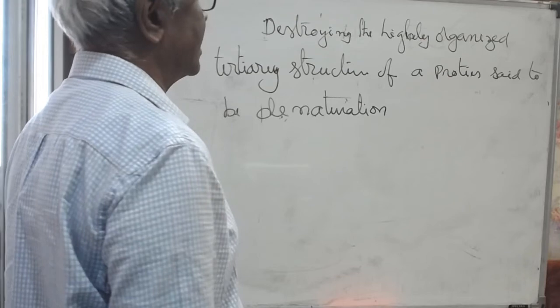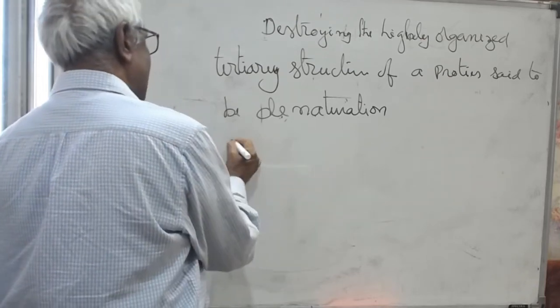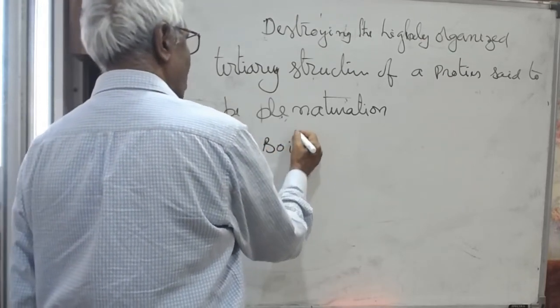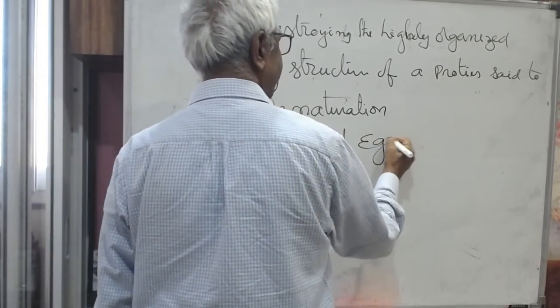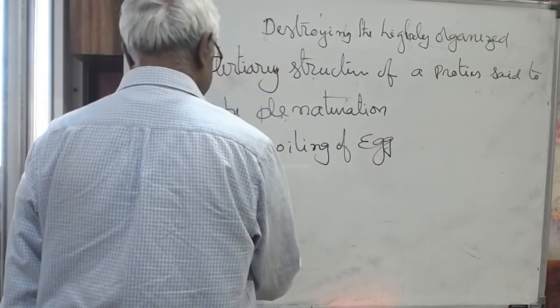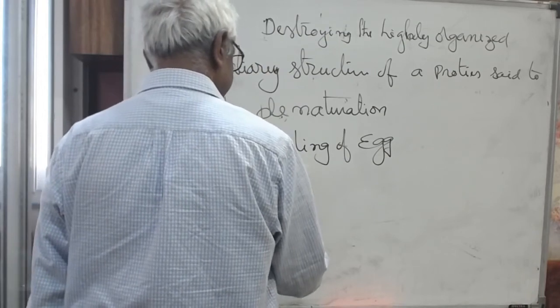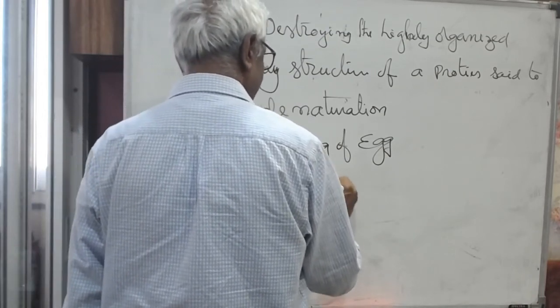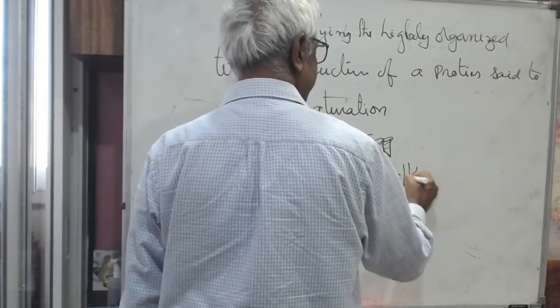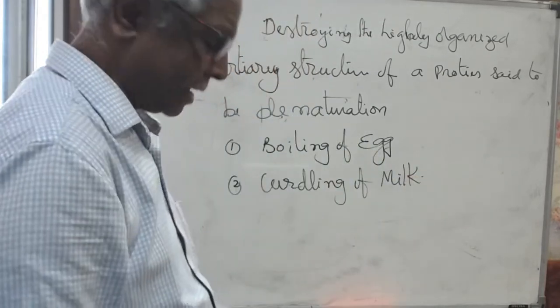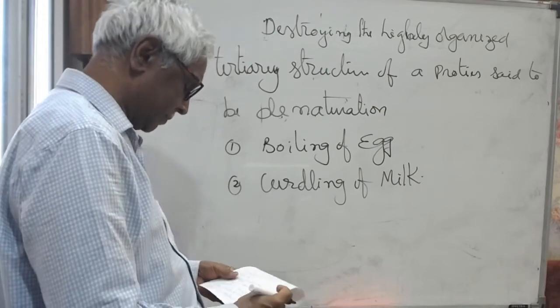So that is called denaturation. One typical example is boiling of egg. Second, curdling of milk, preparation of paneer from milk.